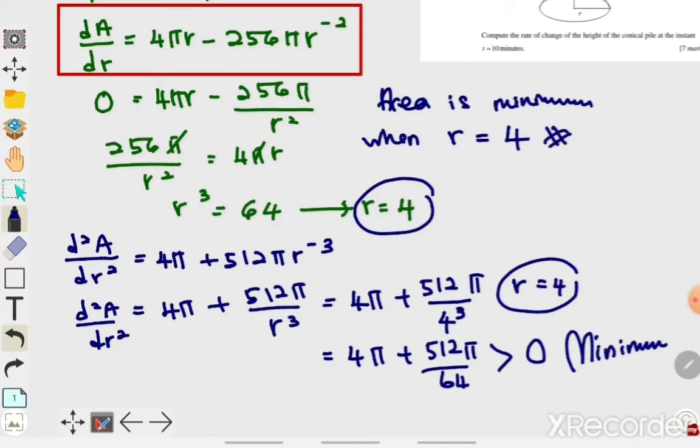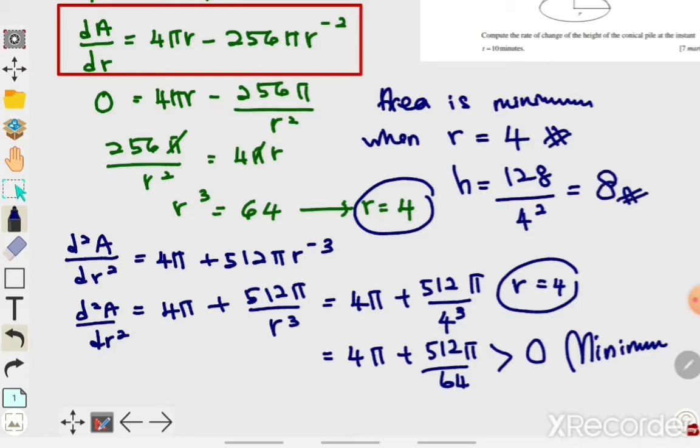So this is the dimension for r. Let's calculate the dimension of the height. h equals 128 divided by r squared. So r equals 4, so we have 4 to the power of 2. Next, the height equals 8.